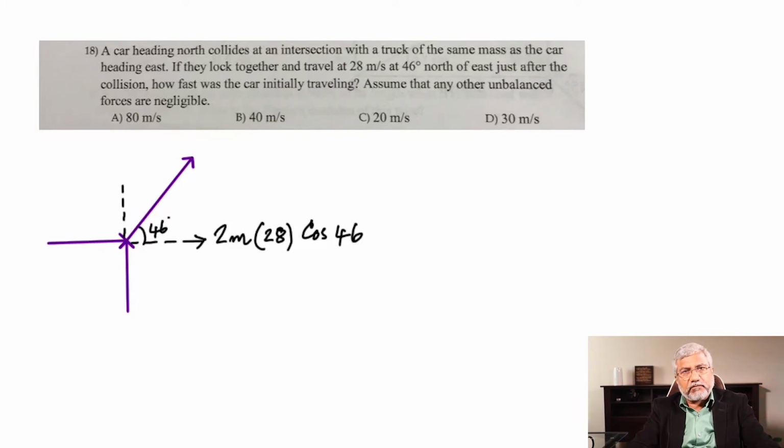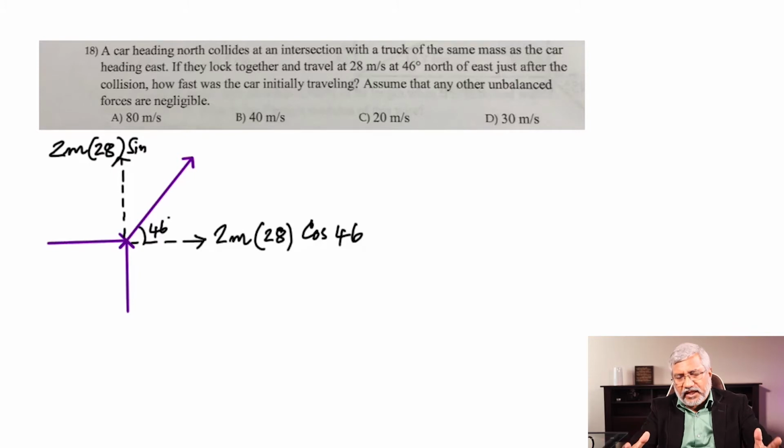Why is it 2m? Because both have the same mass. So m plus m is 2m, and this is 46, so this component is 2m times velocity, giving us 28 cosine 46. So that is the x component of the momentum of both of the cars. Likewise, we have the y component of the momentum, which would be 2m times 28 sine 46.